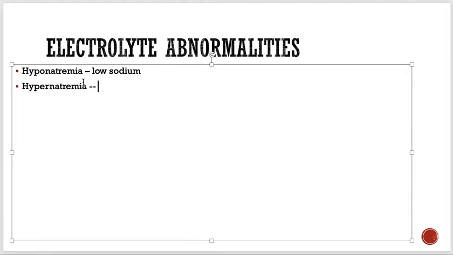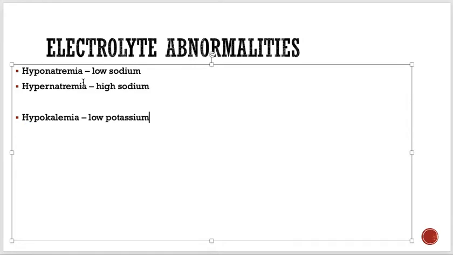Emia means blood, of course. So that is what it is called when there is high sodium. Same thing with potassium. When the potassium is low, it is called hypokalemia, low potassium.